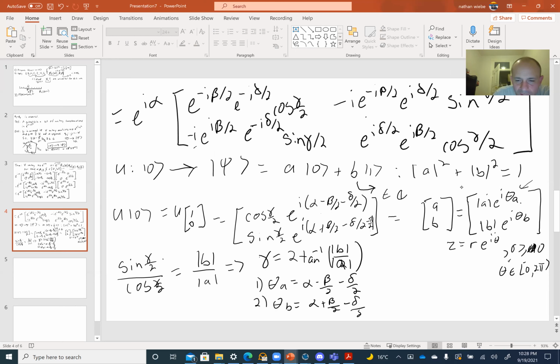All right, and so we can go through these and actually solve. The first equation tells us that alpha can be chosen to be equal to theta A plus beta plus delta divided by 2. And similarly, the second equation gives us that beta is equal to 2 times theta B minus beta over 2 plus delta over 2.